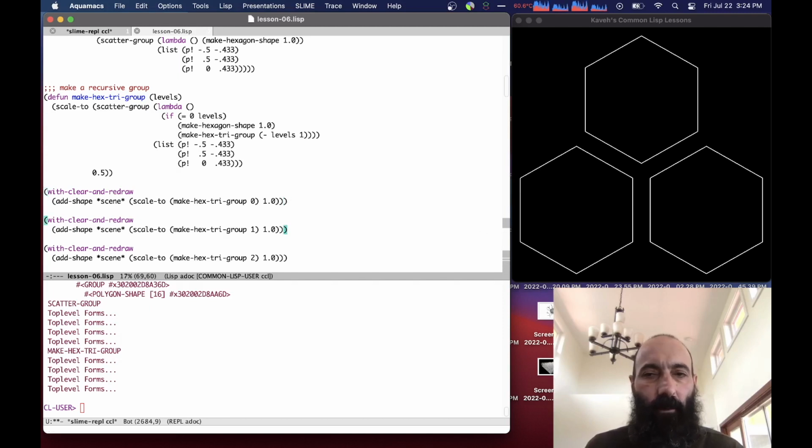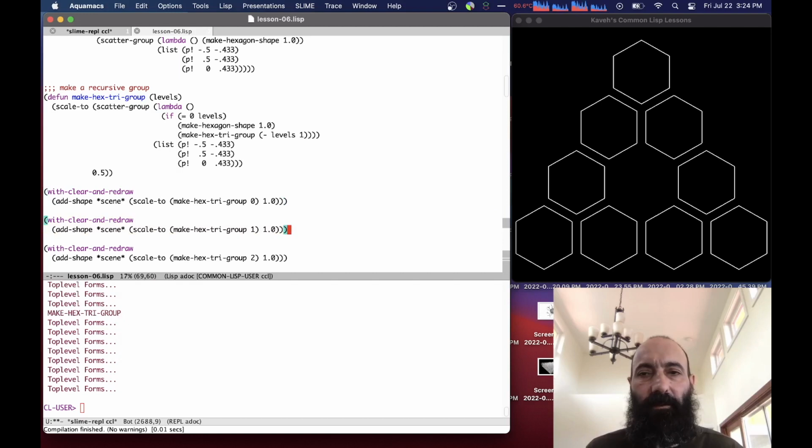If we call it with level 1, we get this. So wherever we had a hexagon before, we now have 3 hexagons. So this is what's meant by self-similarity, which is basically each part of the object looks like the entire object. So this is 3 shapes in a triangle made up of 3 shapes in a triangle, if that makes sense.